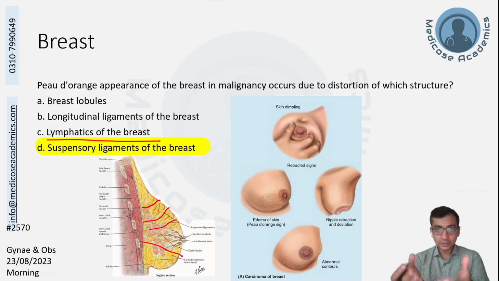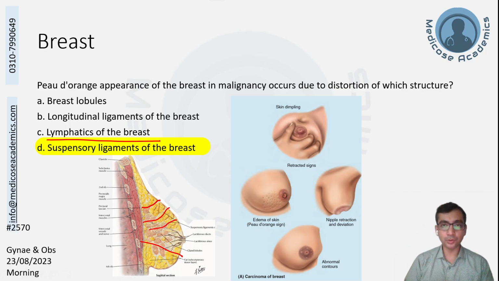At the points of attachment of the suspensory ligaments, the skin is pulled inward and the pitted appearance is shown. So a better made MCQ would ask what structure is causing the pitting. In the case of peau d'orange, that answer will be suspensory ligaments. And the blockage of which structure leads to the orange appearance? That is the lymphatics.